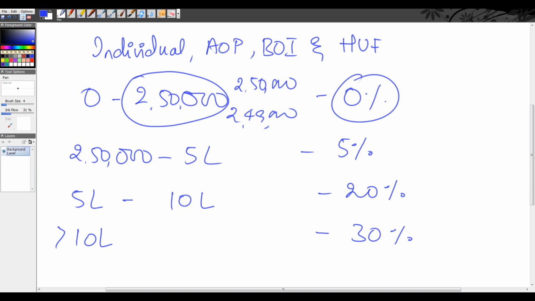Now, this changes slightly regarding senior citizens and super senior citizens. So who are the senior and super senior citizens? Let us look at that very quickly here.